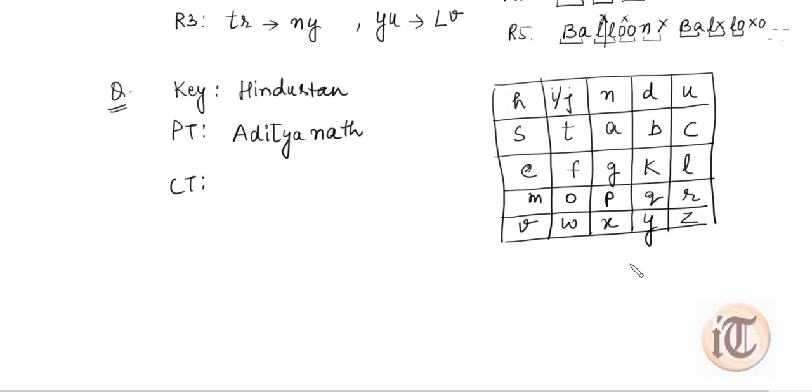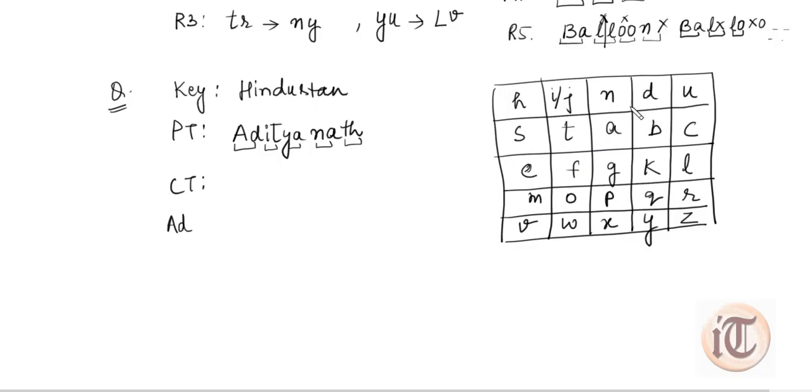Now the second step is that we pair 2 letters at a time to convert the plain text into ciphertext. So we make pairs: AD, IT, YA, NA and TH. Now we consider one pair at a time. For letters A and D, check where they are. A is here and D is here.